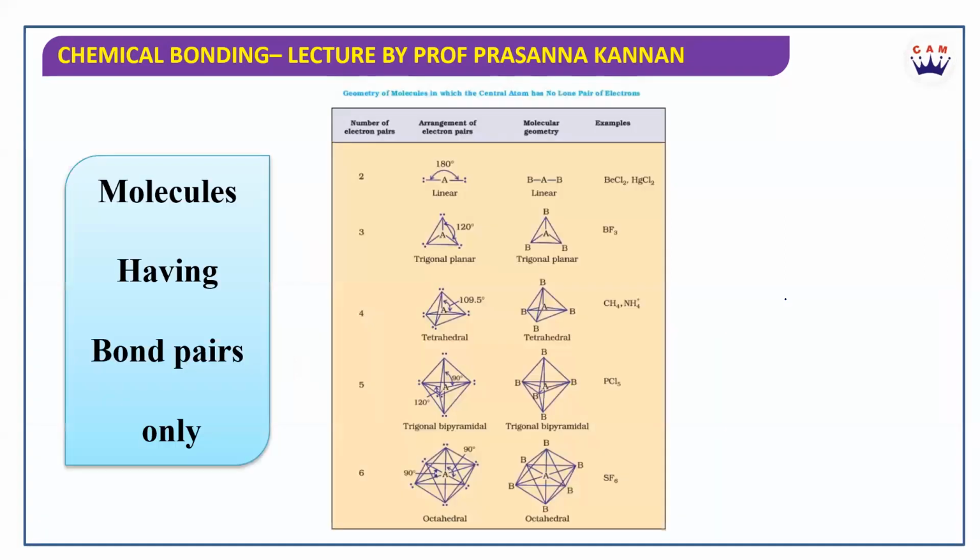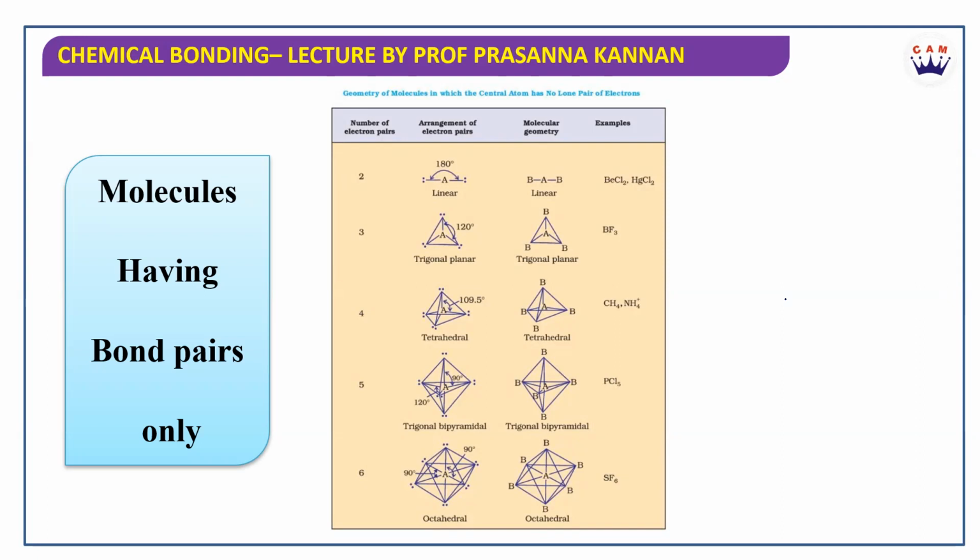Okay, very, very important. Fine, this is what is given in your textbook. We are going to discuss them. So, the number of electron pairs: molecules having bond pairs only. That means lone pairs are not present. So it is very, very simple to predict their structures. If there are two bond pairs, the molecule is going to be linear.